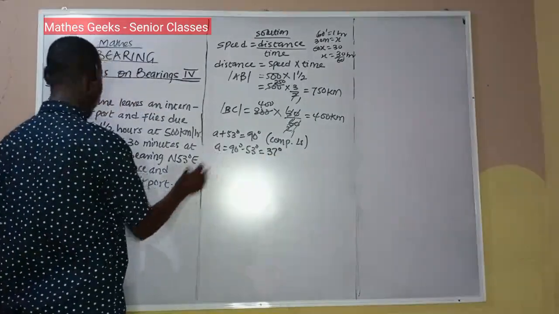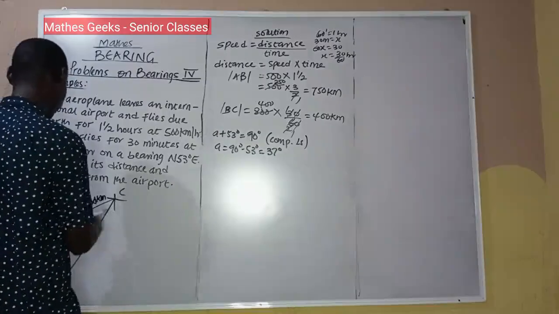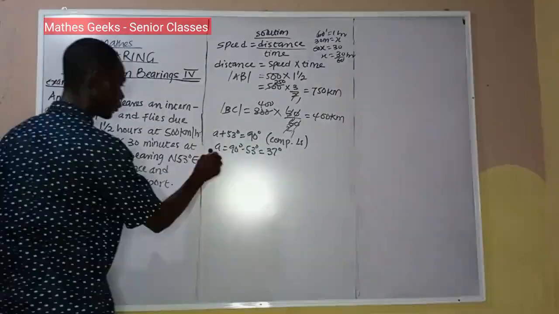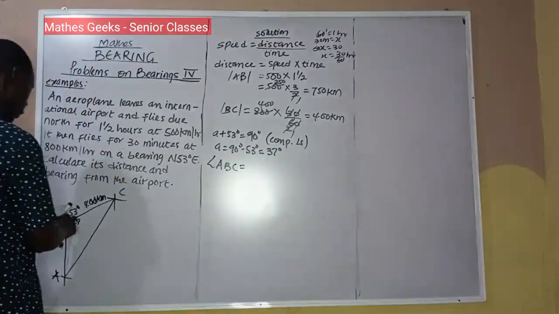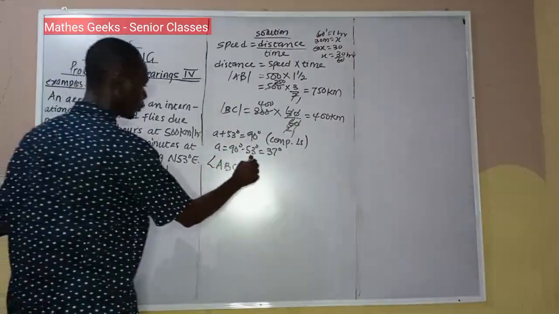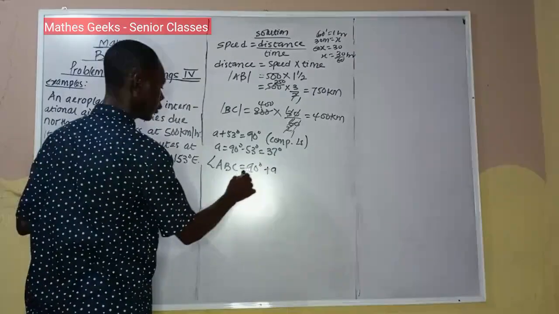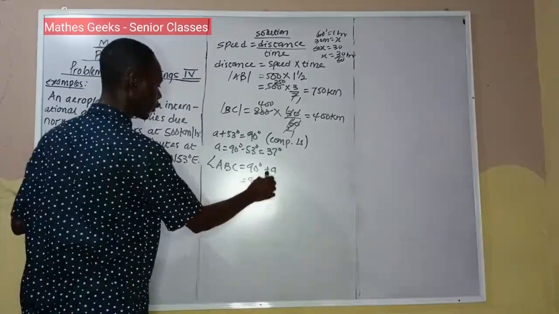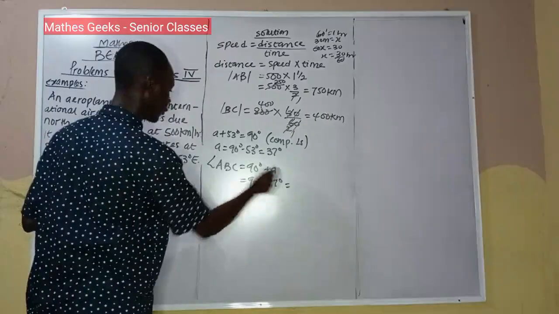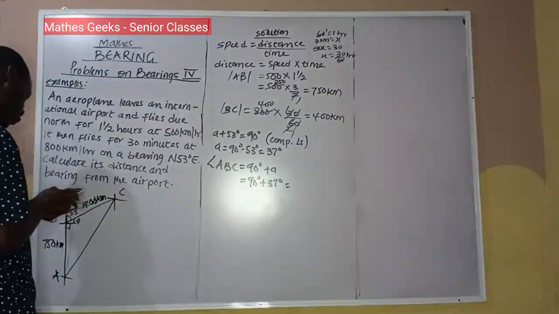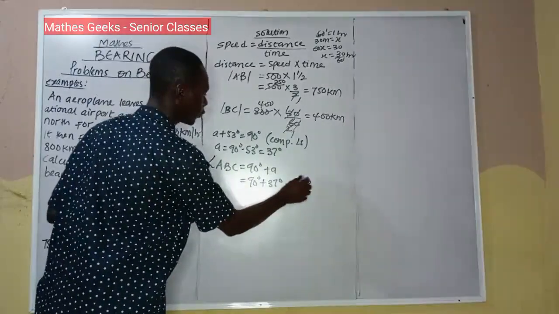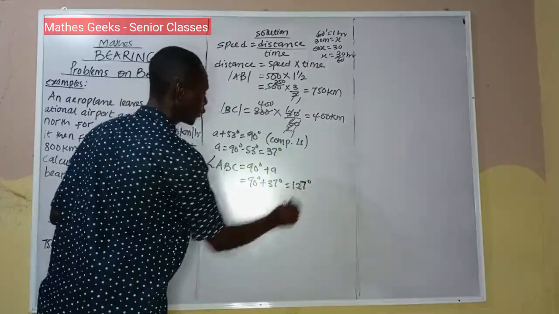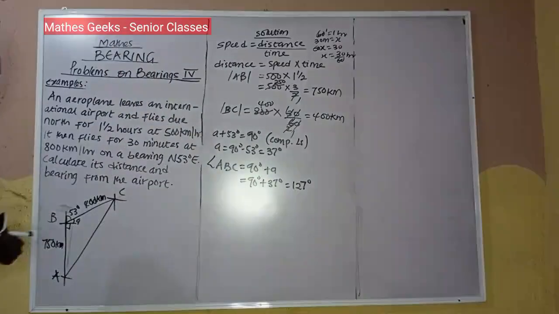So angle ABC is equal to 90 degrees plus A, that's equal to 90 degrees plus 37 degrees, 127 degrees.